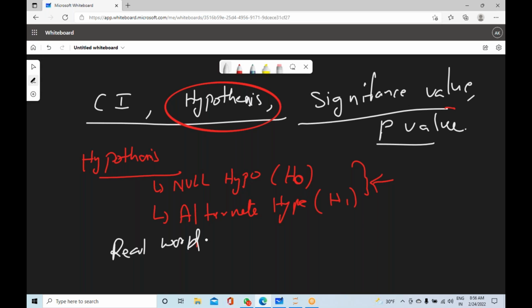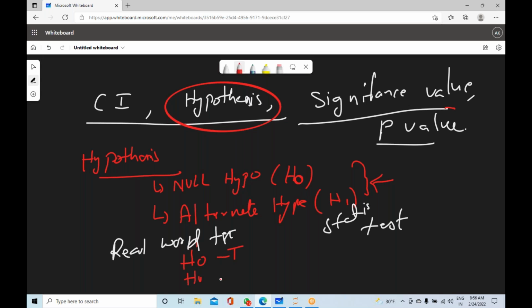And the next one is your statistical test. This is the real world, and this is the statistical test. So sometimes H0 can be true, that means correct.